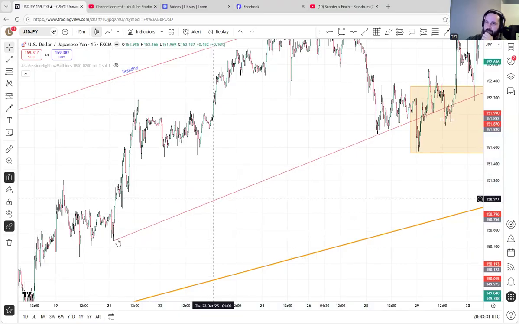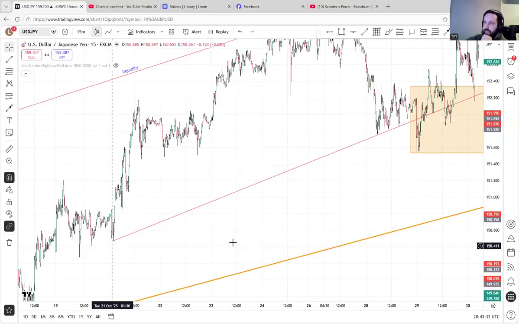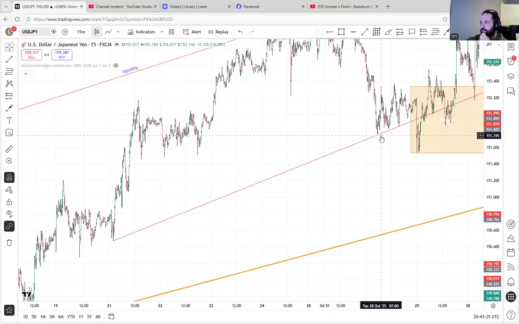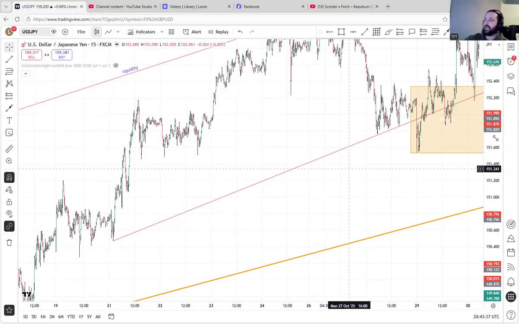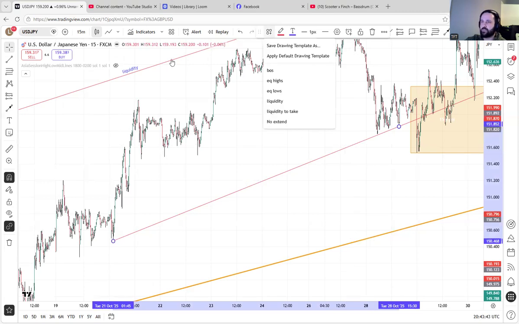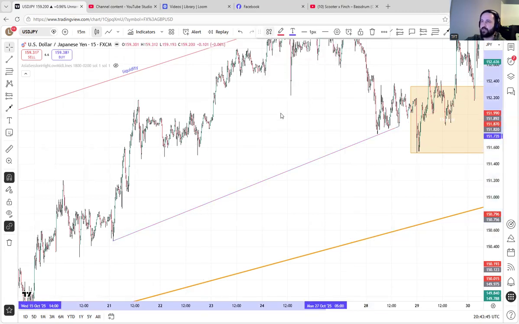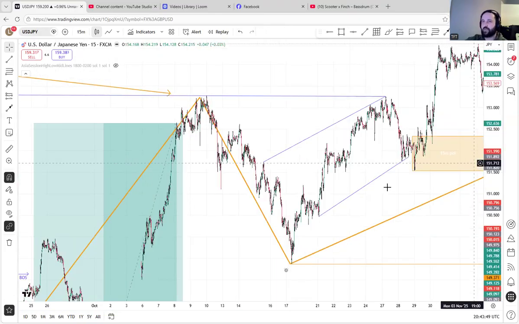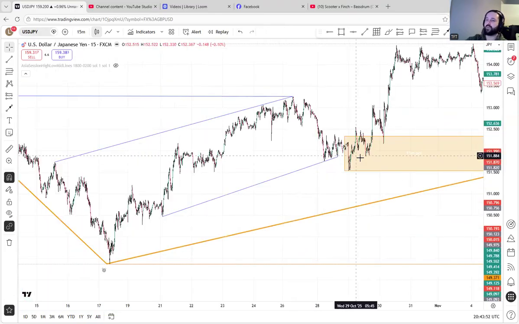Possible liquidity here anyway. This might just be a feed thing as well, because he's fairly close. Anyway, that's the idea. I'll unextend them as well, still not interfering with all the charts. So multiple reasons why I would maybe select this as a point of interest.